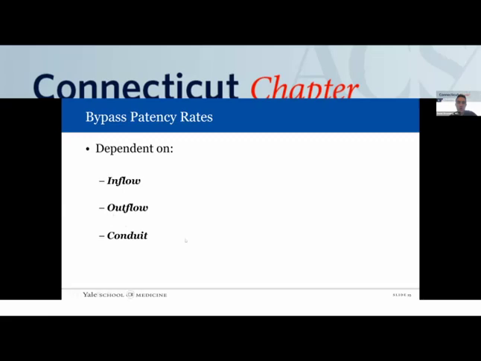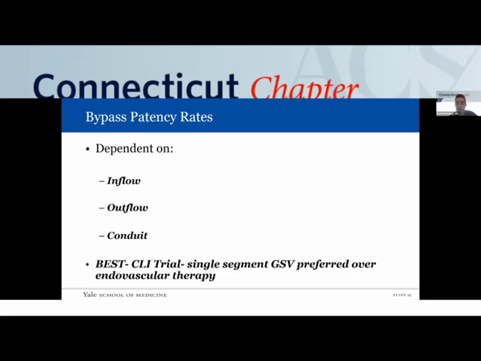And so we've always known that conduit is very important, that patients who undergo vein bypasses, especially below the inguinal ligament, have much better patency. But what we actually found fairly recently was the BEST-CLI trial, that single segment GSV is preferred even over endovascular therapy.